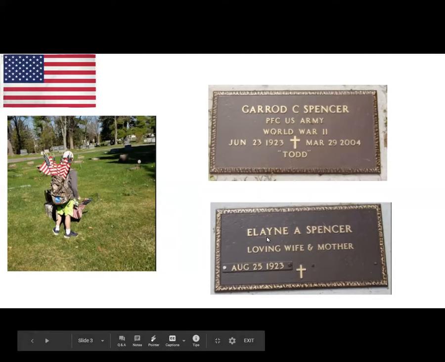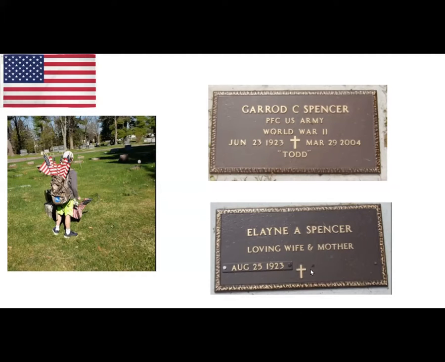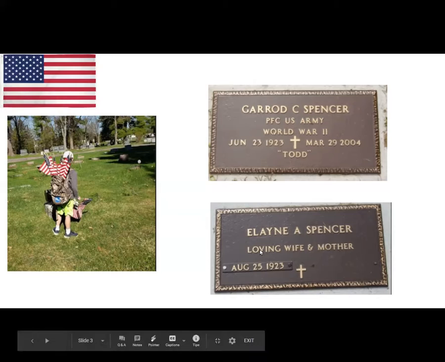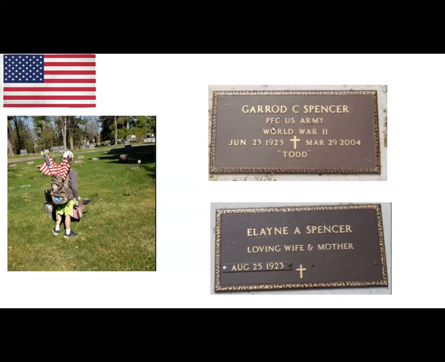This was my grandma, Garrett's wife, Elaine Spencer, loving wife and mother. They don't have markers for rank, branch, or conflict because they didn't serve, but they're still memorialized as that veteran's spouse. You can see there's her birthday, and just a few days ago they were able to put her date of death on there.